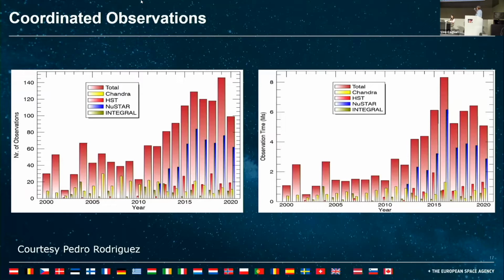It is not completely all joint, but it is connected with a joint observation. And you see it starts like this. And then when NuSTAR joined and was also making it, we go here in the range of 3 megaseconds, over 3 megaseconds, which we perform each AO jointly with the two missions.